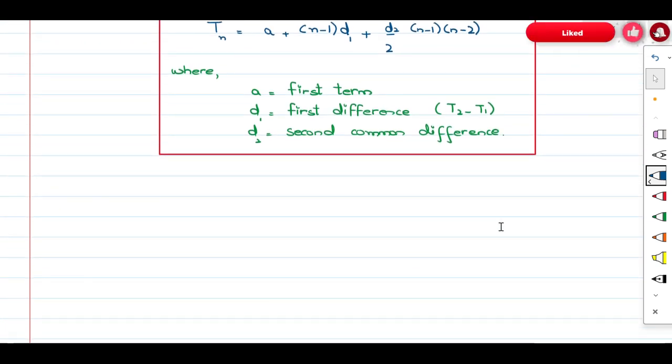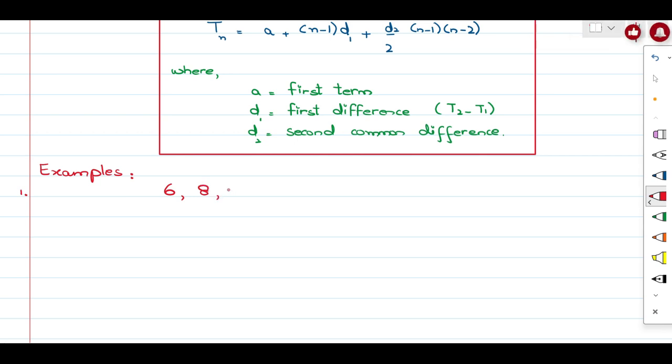Now let's do some examples. The first example: suppose I have the sequence 6, 8, 12, 18, 26, and so on. Now we need to figure out the nth term for this quadratic sequence.